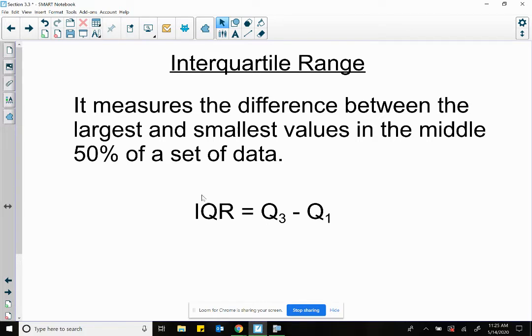Relating back to the empirical rule, where 68% of your data is within one standard deviation and 95% is within two, the quartiles act like that: once you find all three quartiles, you have four quartile ranges that are 25% each. The middle 50% we call the interquartile range.